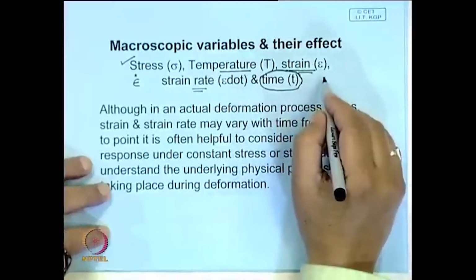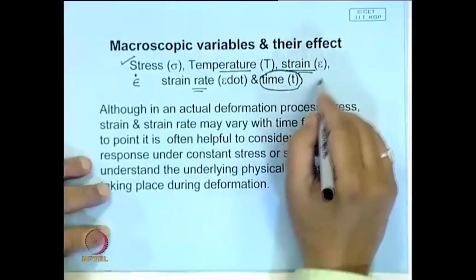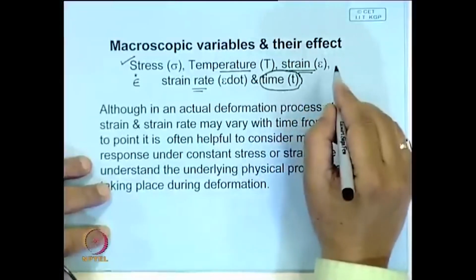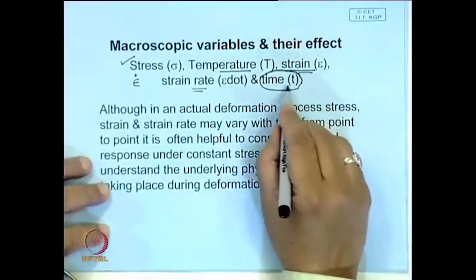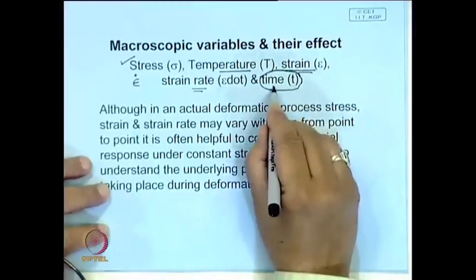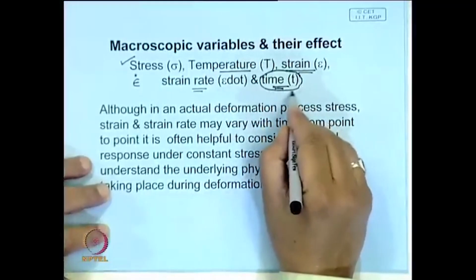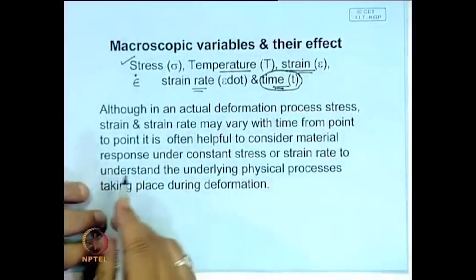Sometimes this hot working is done in stages, and therefore, in two stage deformation there may be some amount of time gap between the two. So, there also time will play an important role.